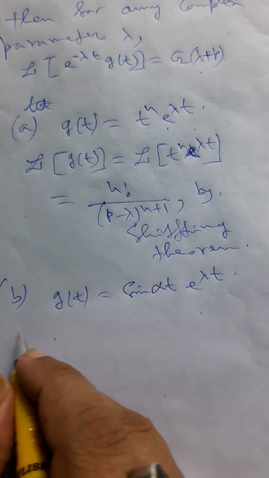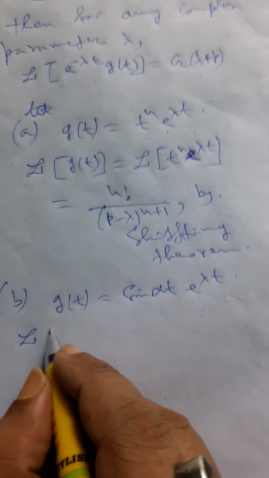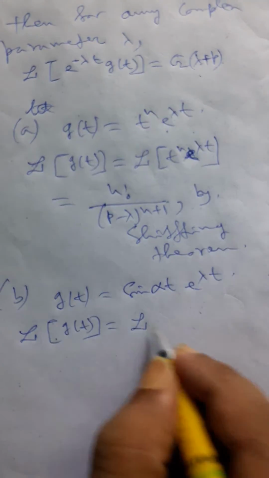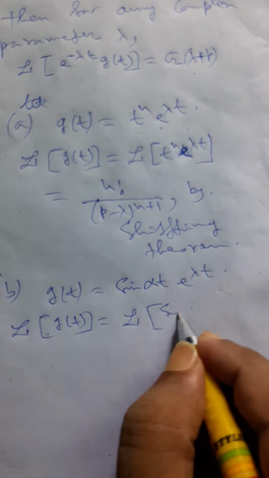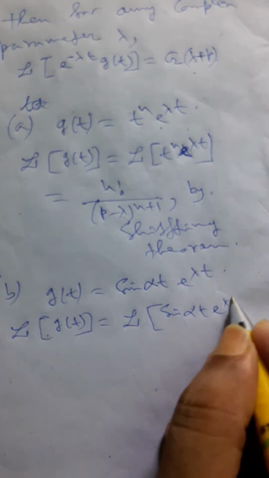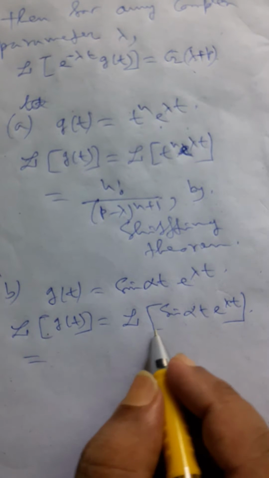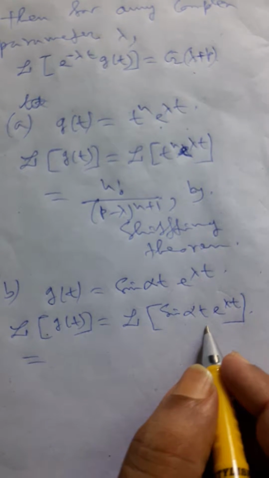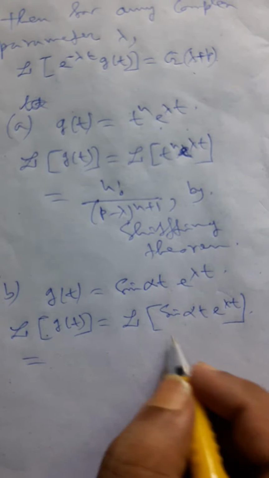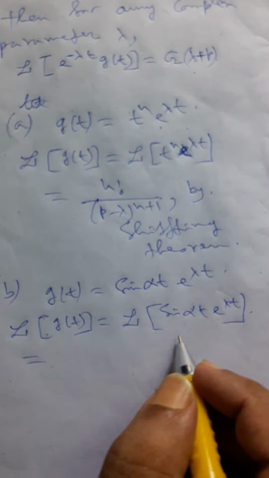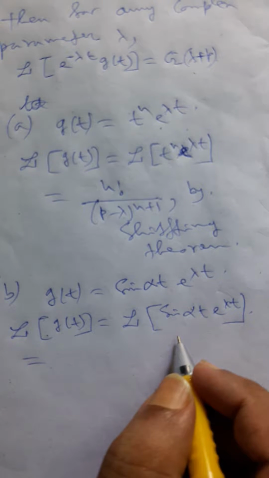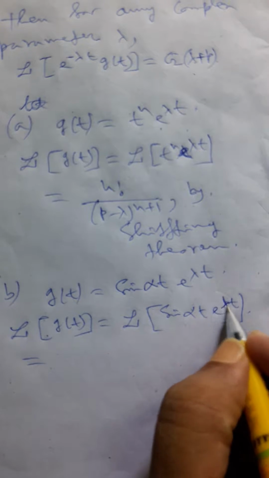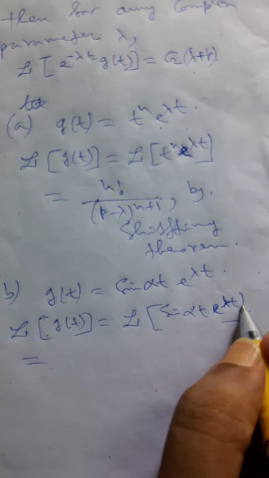Here we generally know the Laplace transform of sine of alpha t will be alpha by p square plus alpha square, and one more extra term is here, that is e to the power lambda t.